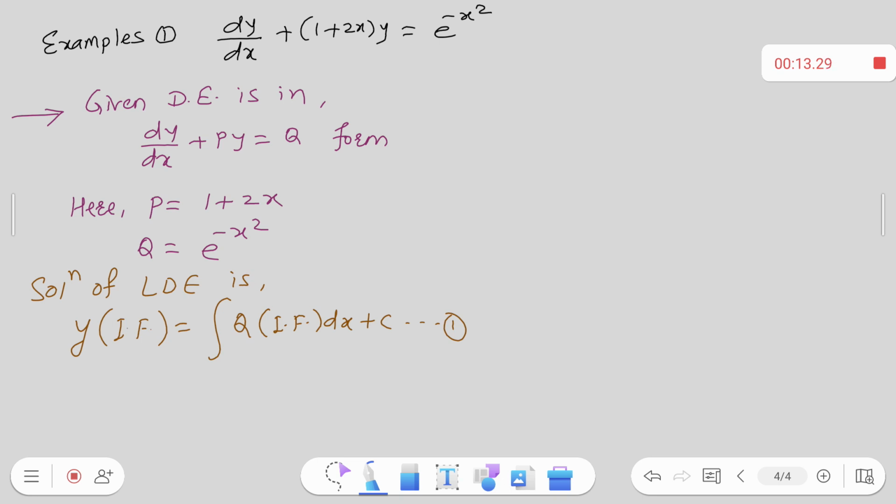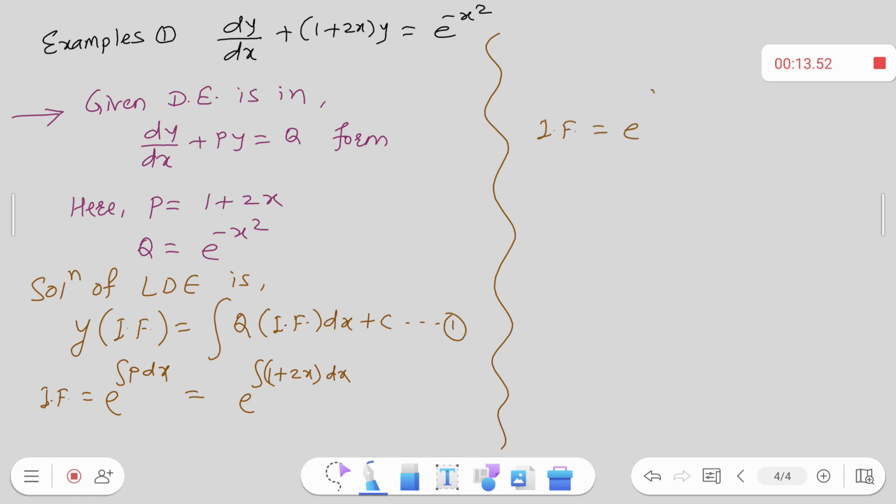Now first find the integrating factor. Integrating factor is e to the power integration of p dx. So e to the power integration of 1 plus 2x dx, which is e to the power integration of 1 dx plus integration of 2x dx.